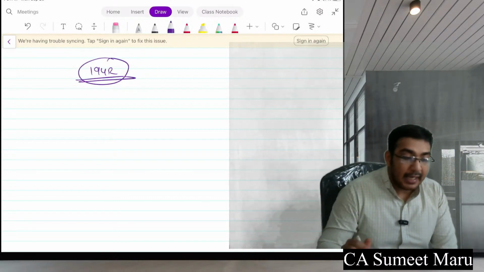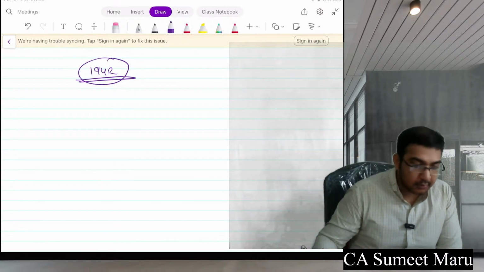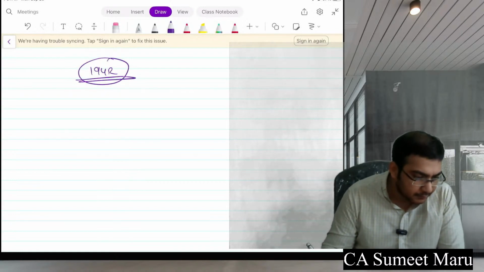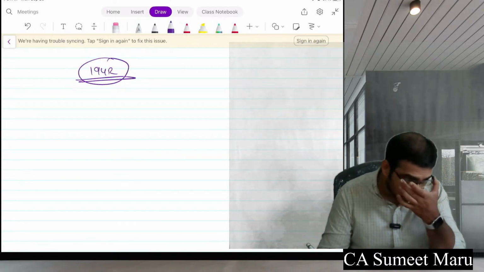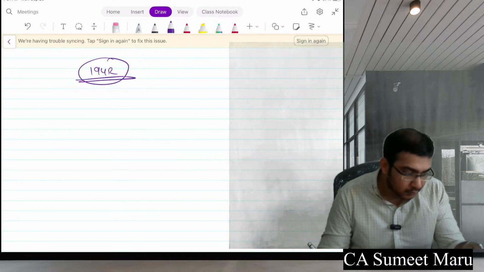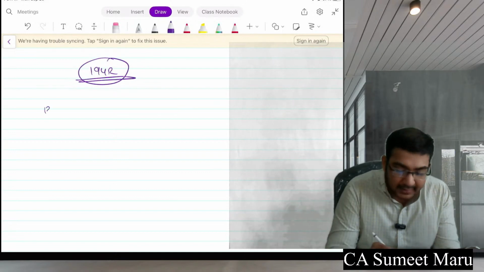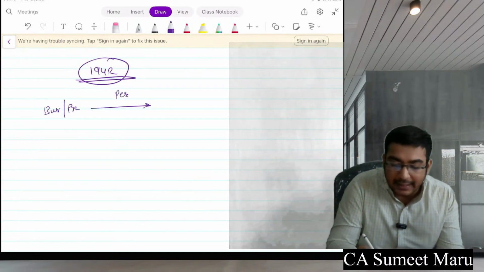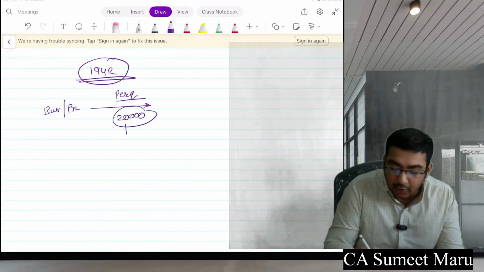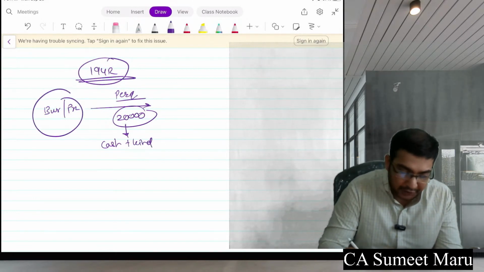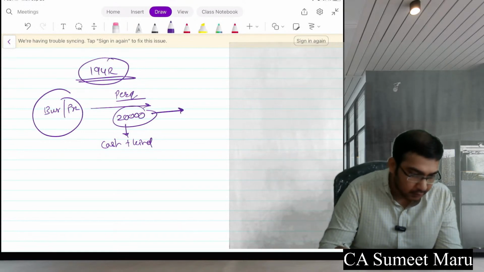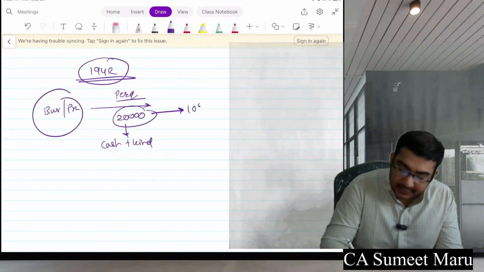Who is going to do the TDS? When a business or profession gives a perquisite to anyone which is above 20,000, including cash plus kind, the TDS will be done by this business or profession, at 10%.